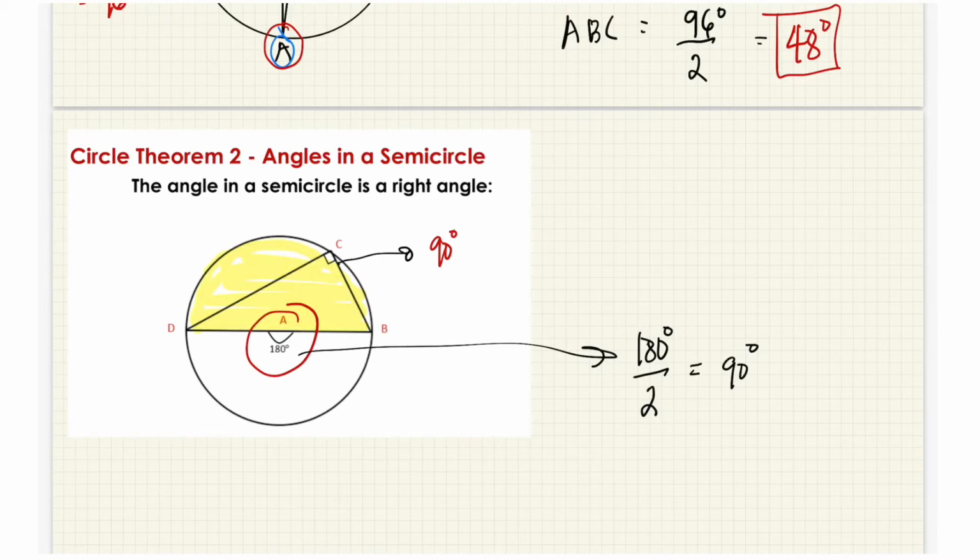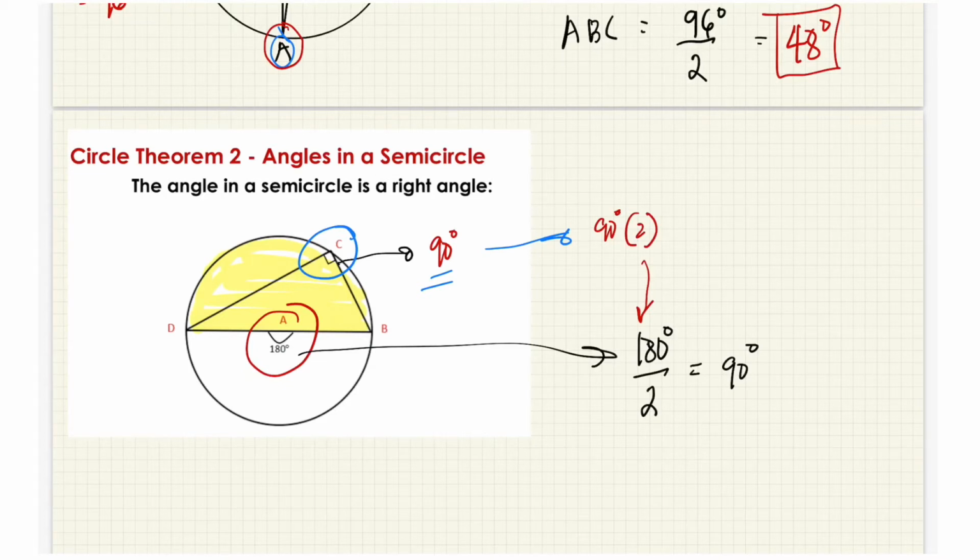The angle in a semicircle is a right angle because this is 180, we divide by 2, and it gives us 90 degrees. So if you multiply 90 degrees times 2, it will give you the center of the circle.